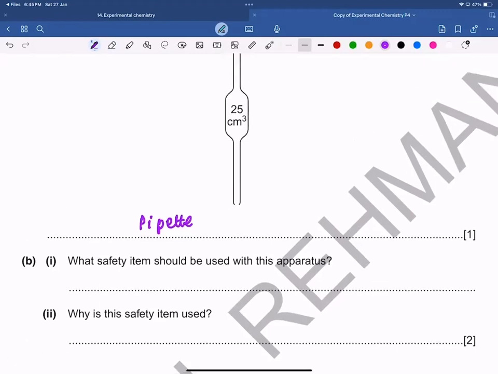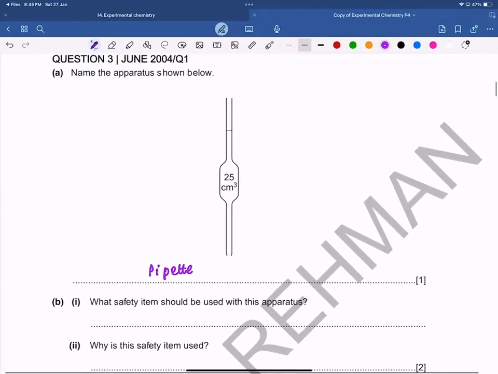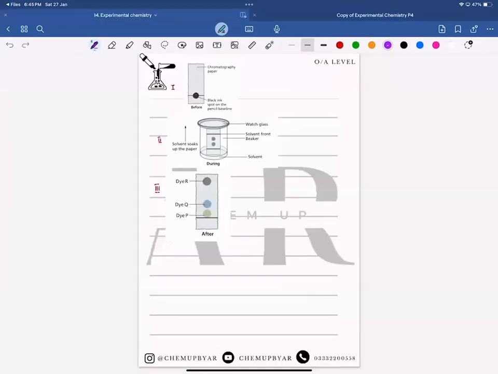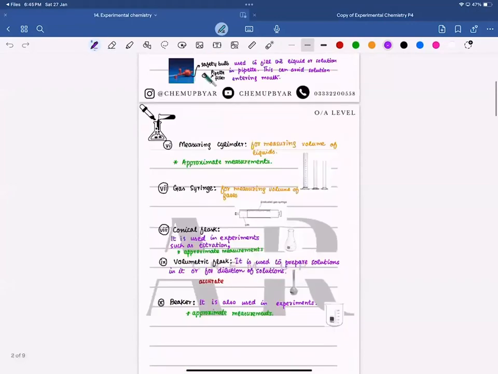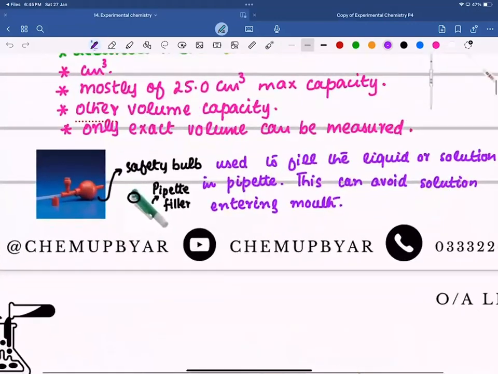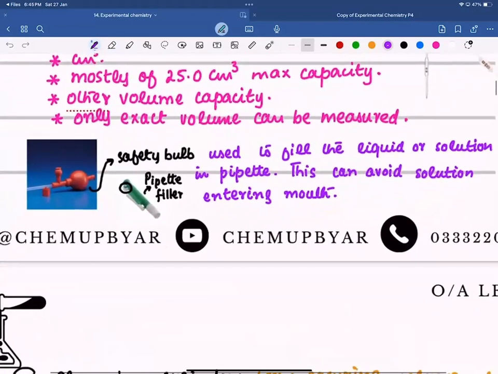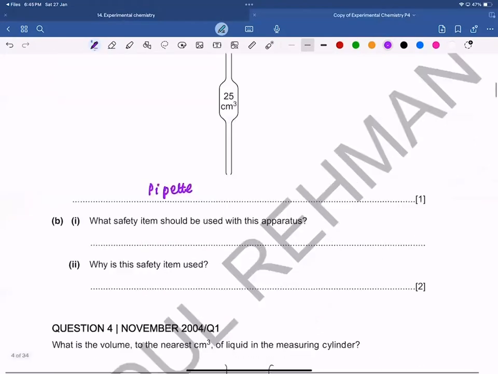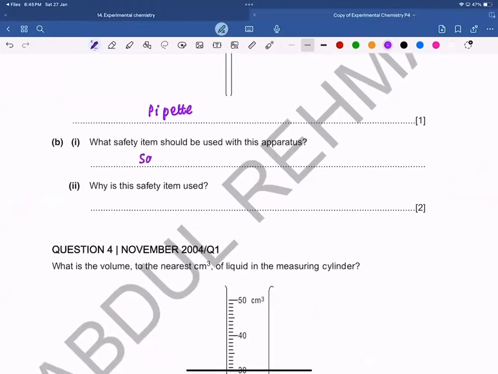Check your notes, please. With a pipette, what do we use? Safety bulb. Yes, we have discussed this thing. We use a safety bulb.